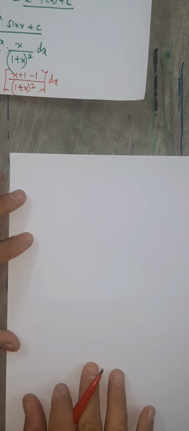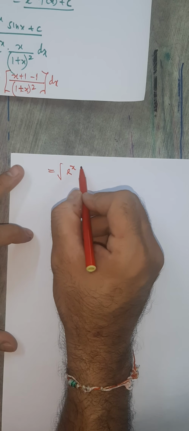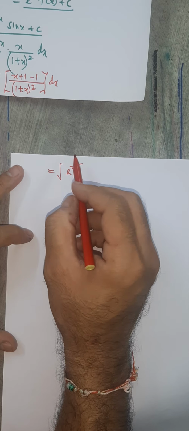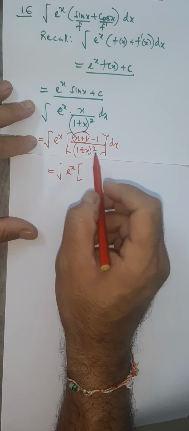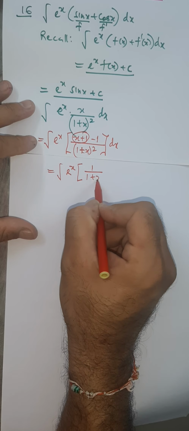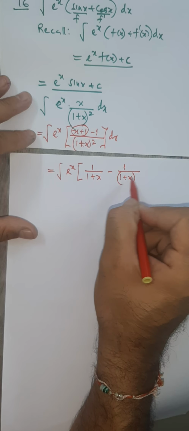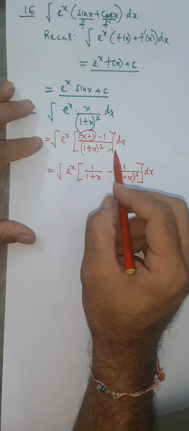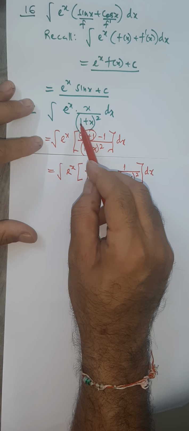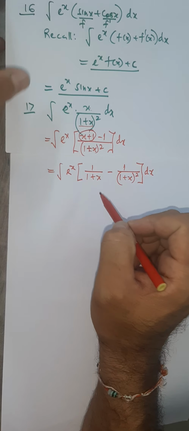Now this is equal to, inside the integral you just do individual division. If you do individual division, this upon this, which is just this much, minus 1 upon 1 plus x the whole square. What I did, first I set this expression over there by adding and subtracting 1, and then I did individual division.